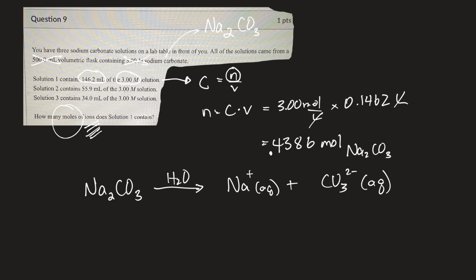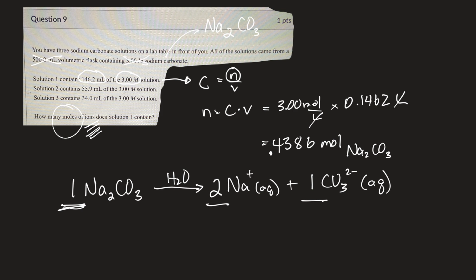Balancing things, looks like I need a 2 right there, and this would be a 1 and this would be a 1. So if I have 1 mole of sodium carbonate, I'll have double the moles of sodium and the same moles as the original of carbonate ions.